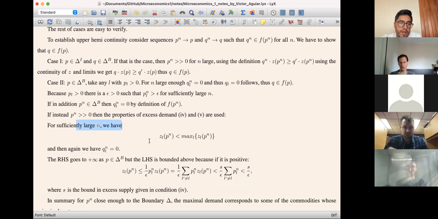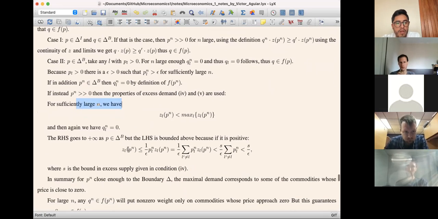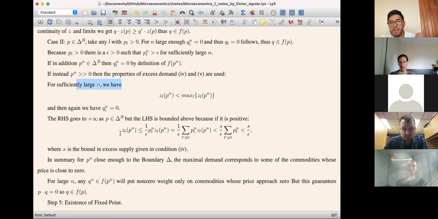And then we have that QLn is equal to 0. The right-hand side, remember, is the max, which goes to infinity per property 5 of the excess demand. And the left-hand side is bounded above, because if it is positive, then you have to have this inequality with respect to the lower bound S. It's a little bit tedious, so this part I'm just going to skip, but you can read it if you are interested.